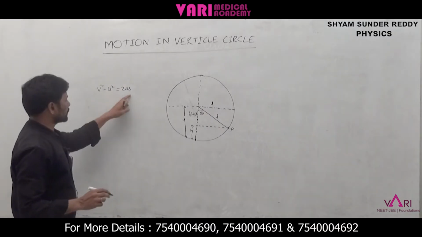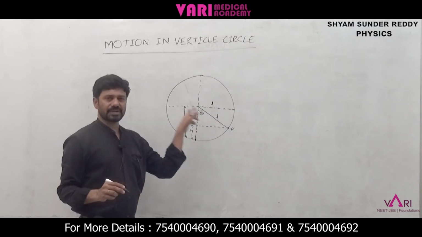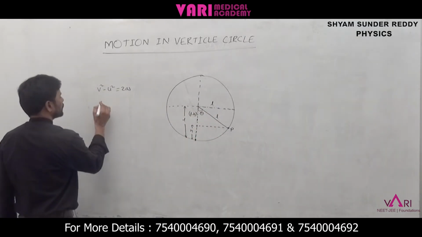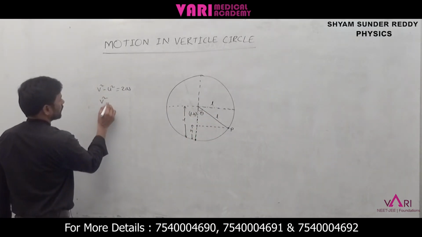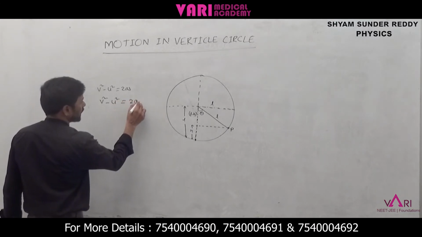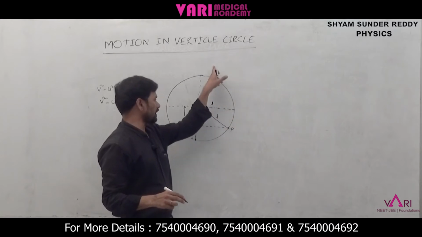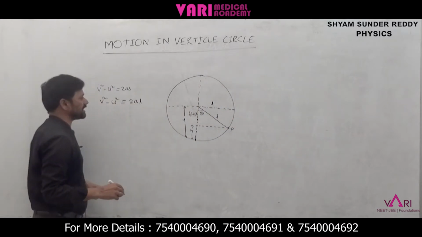v square minus u square is equal to 2as, where s is nothing but the length of the string. So v square minus u square is equal to 2aL. It is starting from the least to the highest point. Take a is equal to g.